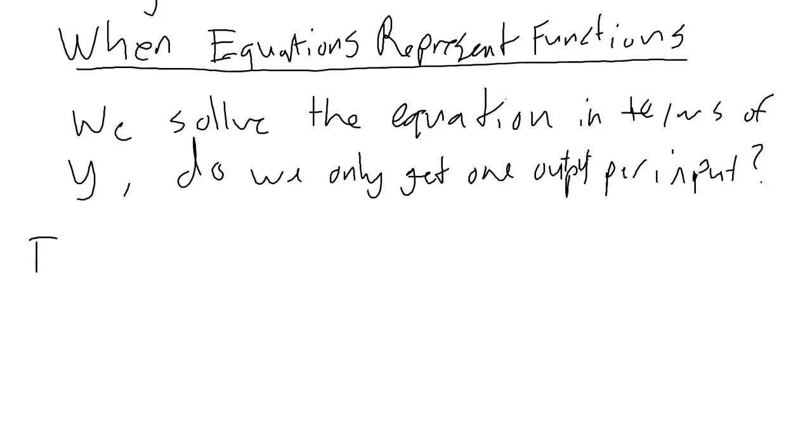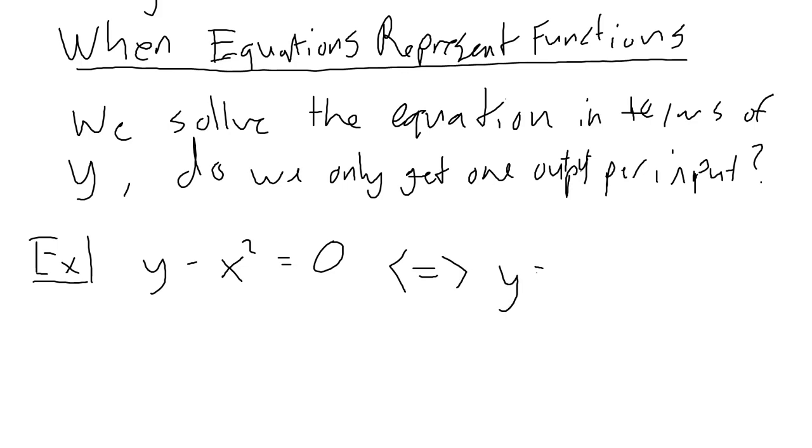So one example, let's say we had this equation, y minus x squared equals 0. So what we do, we solve for y, we get y equals x squared. And then we ask ourselves, all right, if we plug in a certain x value, are we going to get one or more than one solution?